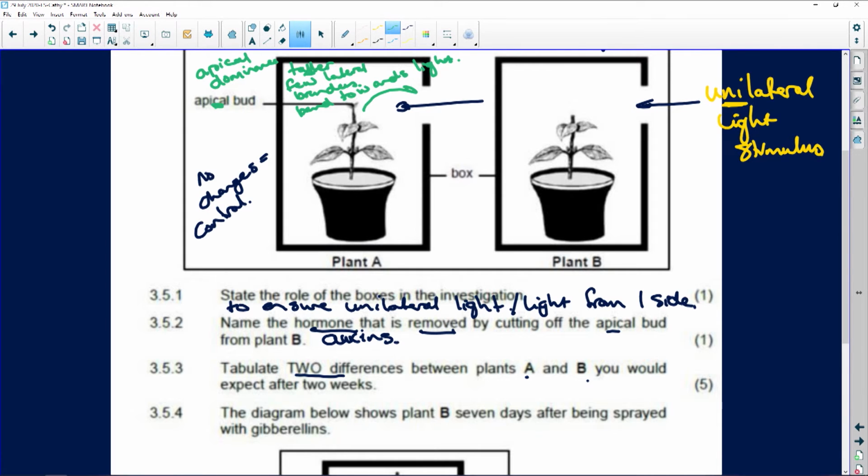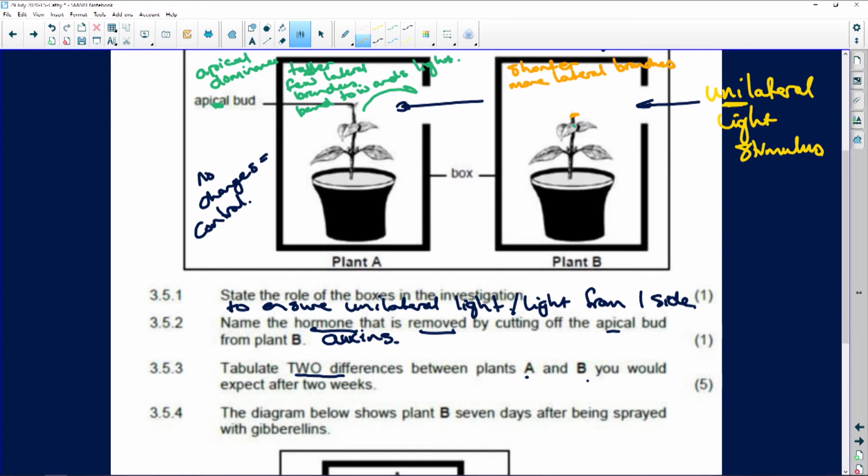All right, if we look at this little plant, what are we going to have? The apical bud was removed. So first of all, it's going to be shorter than plant A. It's going to have more lateral branches.